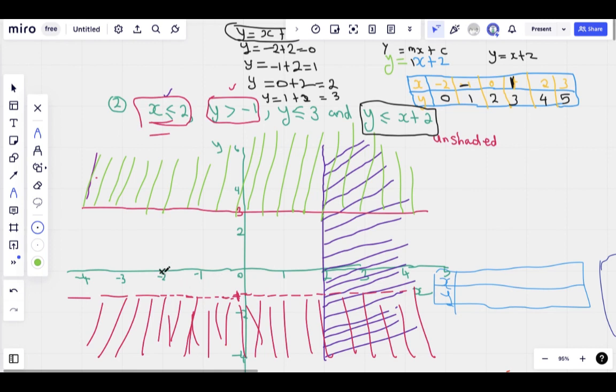The next one is -1 on the x-axis, trace it to 1 on the y-axis. Remember, 1 is here. -1, trace it to 1, is exactly this spot.